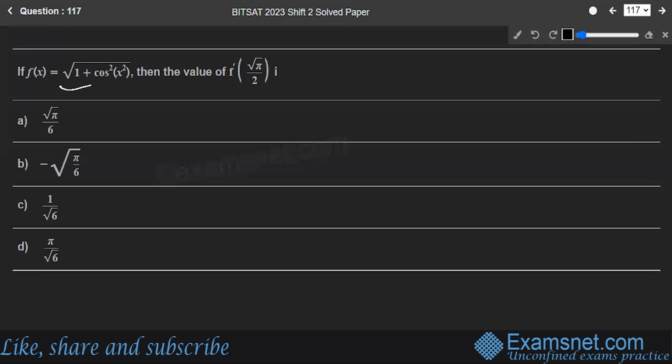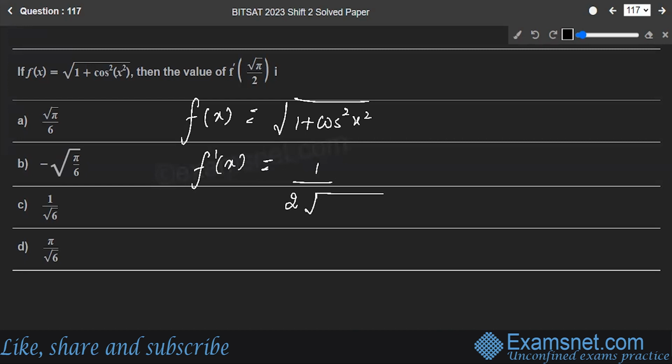Question number 117, if f(x) is given by this function, then what is the derivative of f at root of pi by 2? So you have the function f(x) as root of 1 plus cos square x square, and let's differentiate both sides with respect to x. You will have 1 upon 2 root of 1 plus cos square x square, and this will be given by 2 cos x square into minus sine x square into 2x.